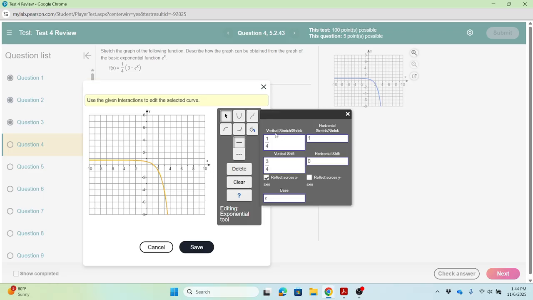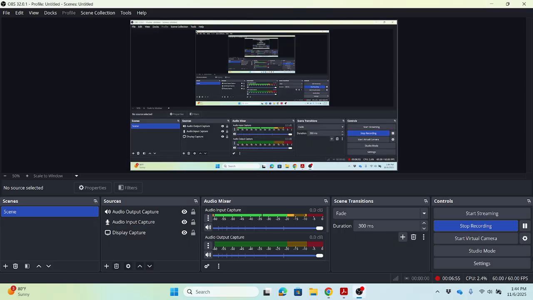So vertical shrinking is 1/4, vertical shift is 3/4, and then the base is e, and the reflection across the x-axis. That's supposed to be right. Okay.